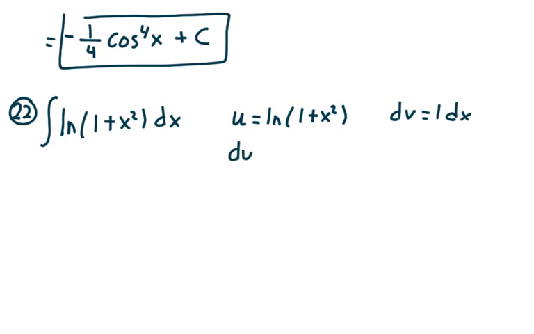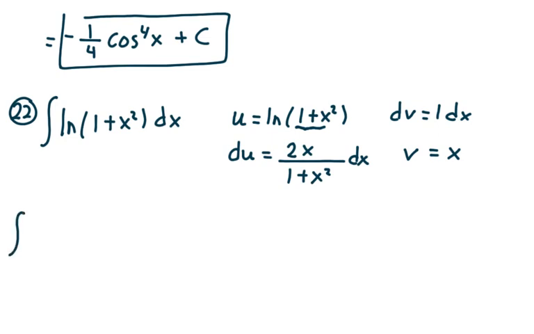So du, if I apply the chain rule, is 2x divided by 1 plus x squared, because remember, the derivative of 1 plus x squared is 2x. So du is 2x over 1 plus x squared dx. And v is equal to x.